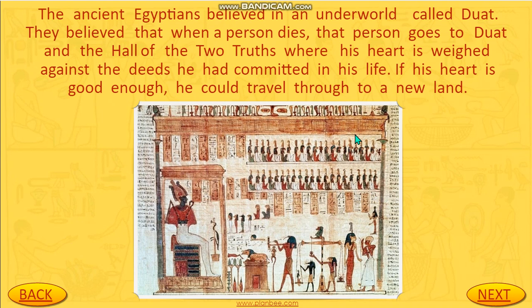They weigh the heart against the feather of Ma'at, which represents truth. If the heart is good enough, meaning the heart is lighter than the feather, the dead person could then travel through to a new land.